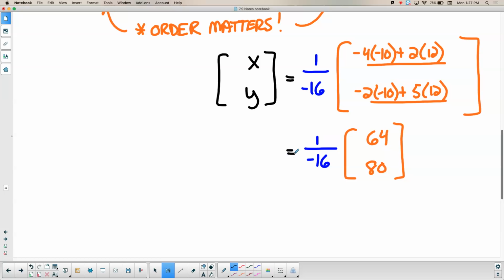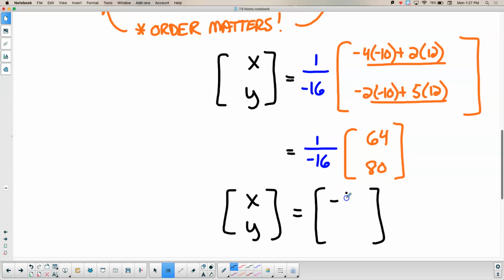Now I can distribute that in, and I get my matrix XY is equal to 64 divided by negative 16, 80 divided by negative 16. Negative 4, negative 5. So now I get that.